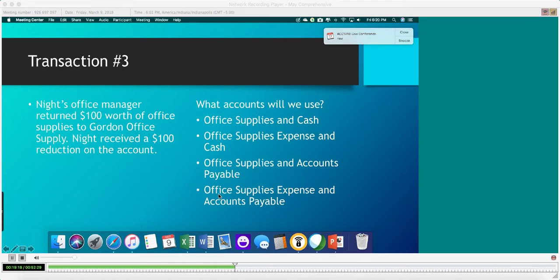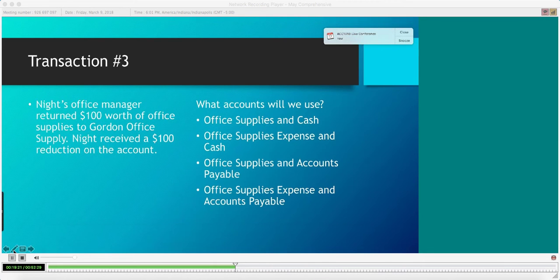C and D. This one is actually going to be office supplies and accounts payable because that's what we're returning. We're returning office supplies. You're mainly going to use the office supplies expense account when you're adjusting the accounts at the end of the month or the end of the period to show how much office supplies were used during that time.